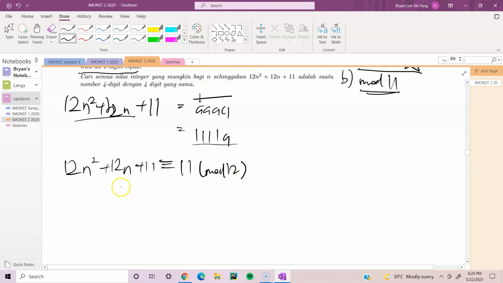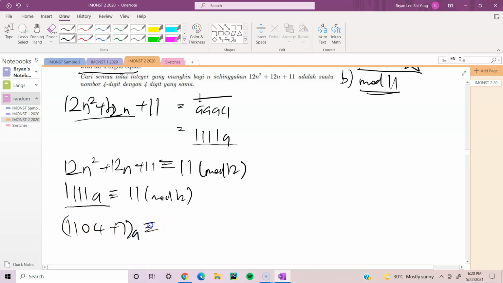So this would also mean that our right hand side, 1111a, is also congruent to 11 mod 12. Now, we can break down our 1111 into a certain multiple of 12, the nearest one being 1104. So 1104 plus 7a is congruent to 11 mod 12, right?